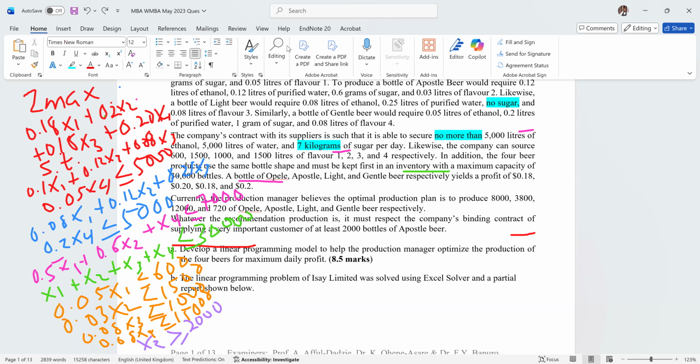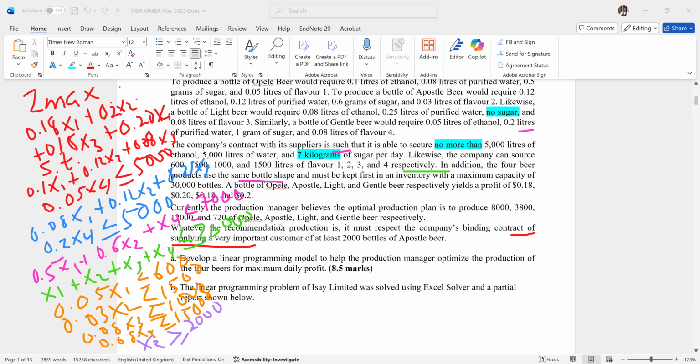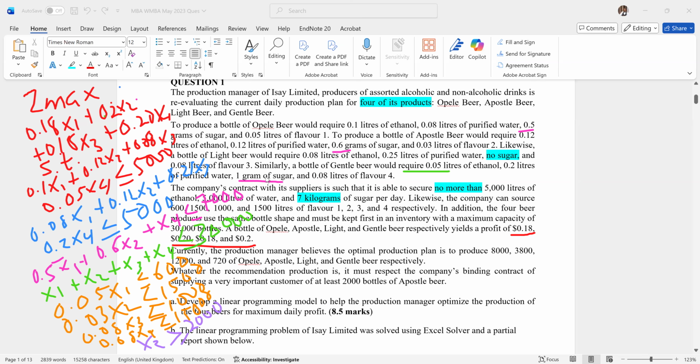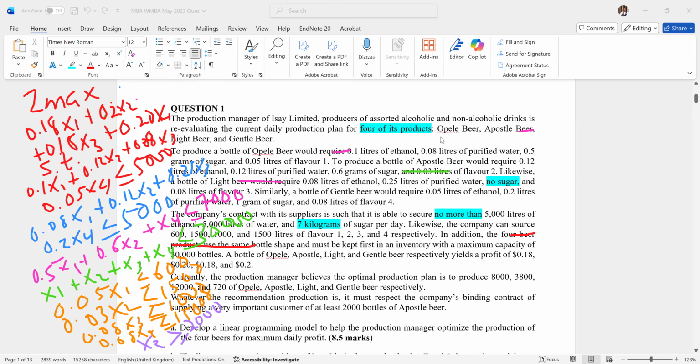So the thing about the non-negativity constraint, and not many people remember, is that the variables that you are producing are supposed to be integers, because you're talking about bottles of beer. You can't have half a bottle or a quarter bottle. So these are integers. After writing x1, x2, x3, x4, you then add integer.